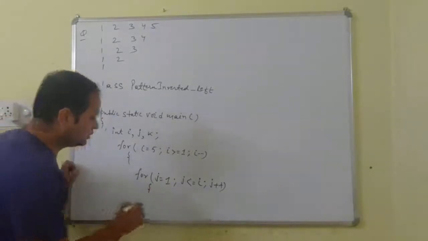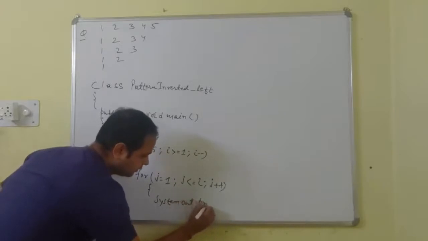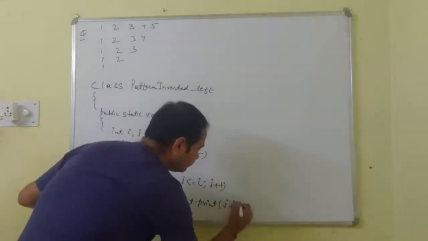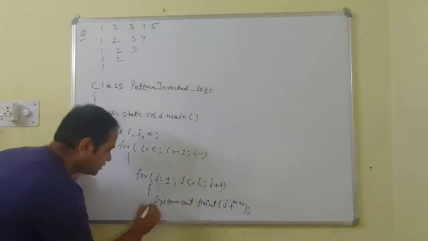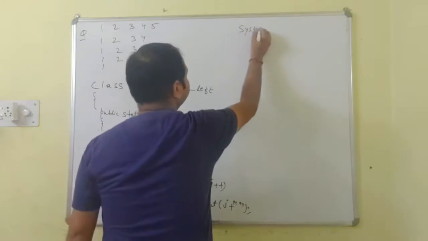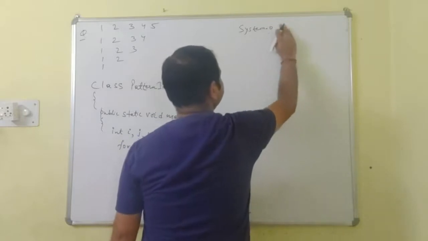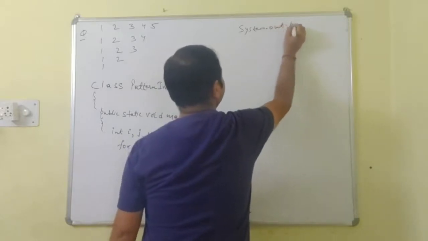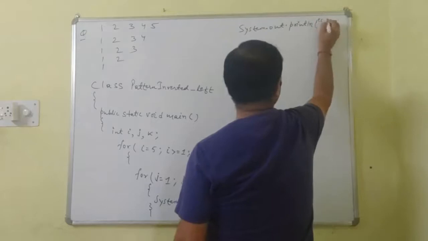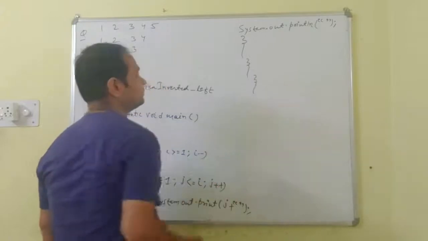And then I write system dot out dot print the value of j. Close this loop, and then the line will change. System dot out dot println, which is the line of the cursor. After the loop close, main method and class close.